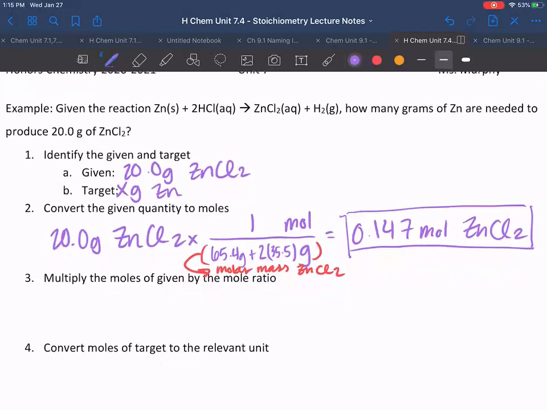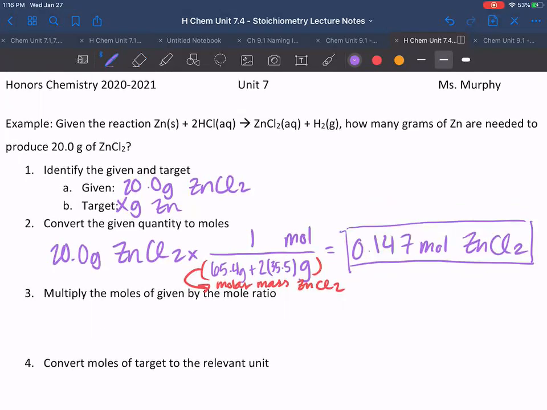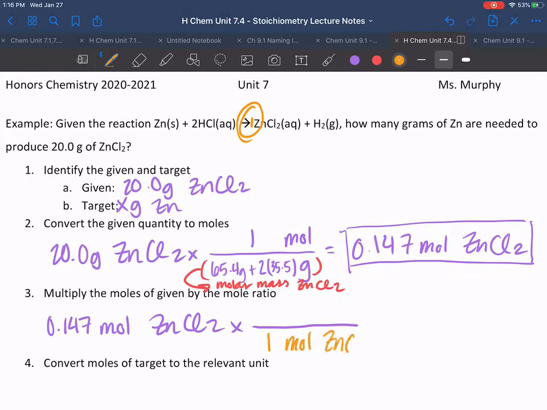The next thing that we're going to do is what we just learned today. We're going to practice doing the molar conversion. So if we have 0.147 moles of ZnCl2, according to the equation above, what is the coefficient of ZnCl2? Just 1, because it's missing. So we have 1 mole ZnCl2.